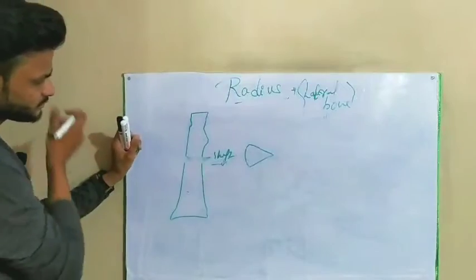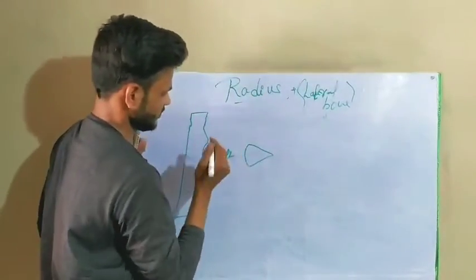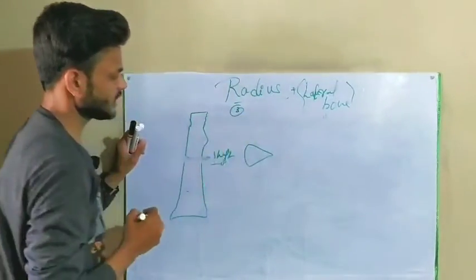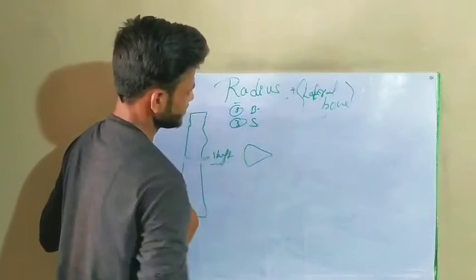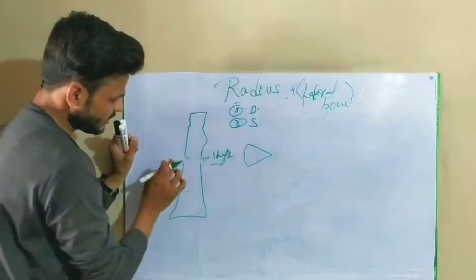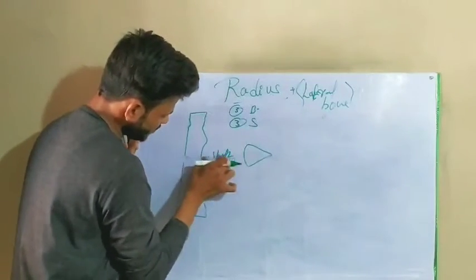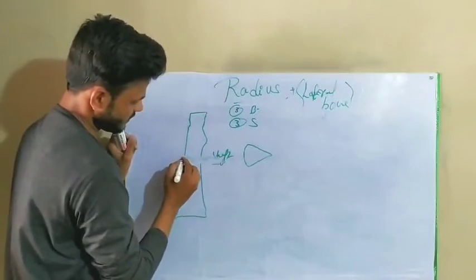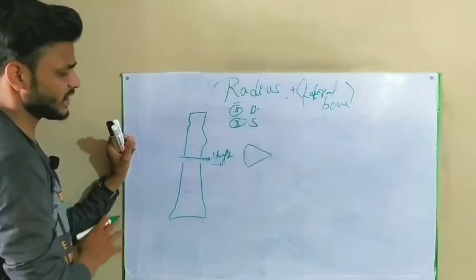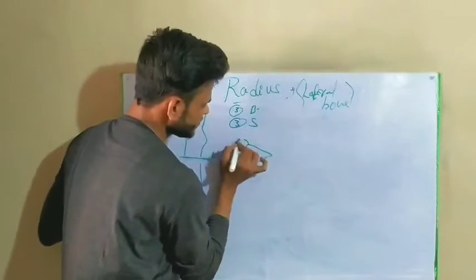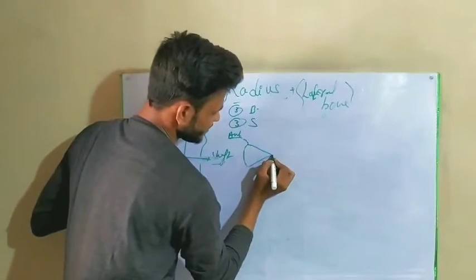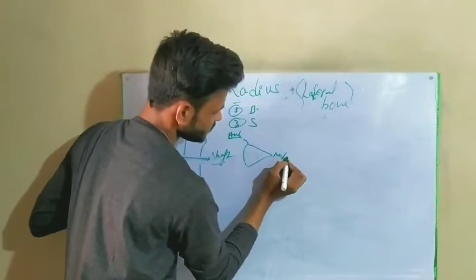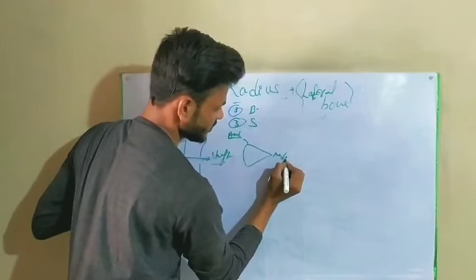On the shaft there are three borders and three surfaces. If we cut a transverse section at the level of the shaft, this border is our anterior border, this is our medial or interosseous border.